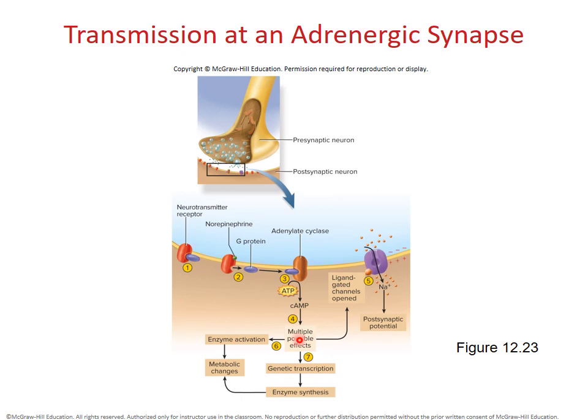And yet a third mode of action for a second messenger like cyclic AMP is that it travels into the nucleus of the postsynaptic cell and triggers genetic transcription. Remember, transcription is the making of an RNA molecule from DNA. And so cyclic AMP can travel into the nucleus and activate enzymes that regulate genetic transcription.